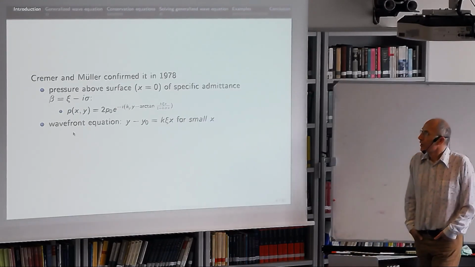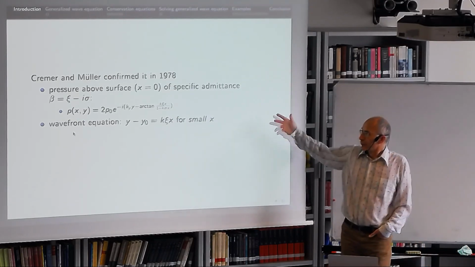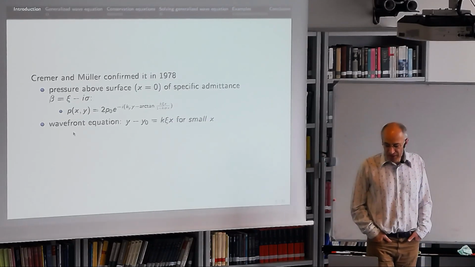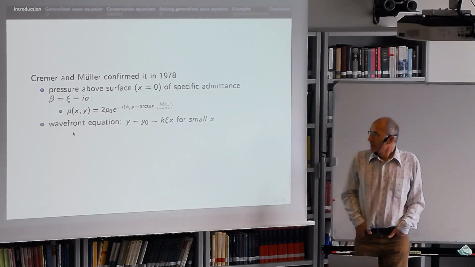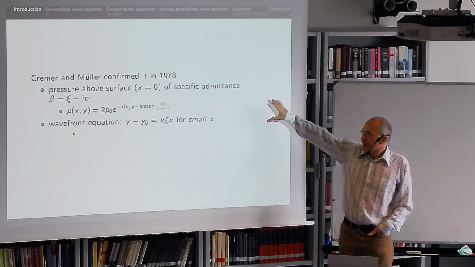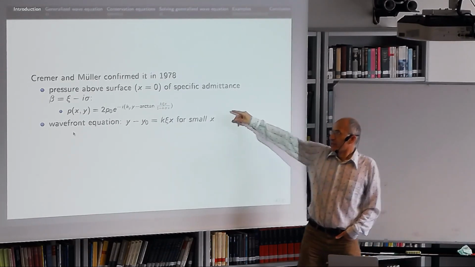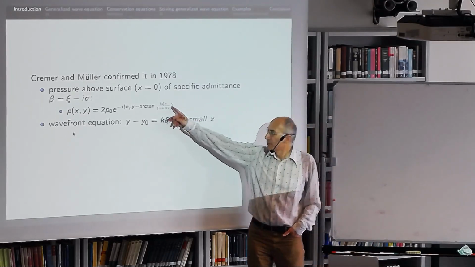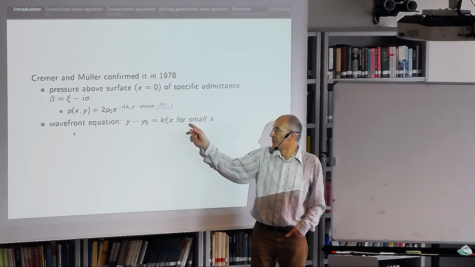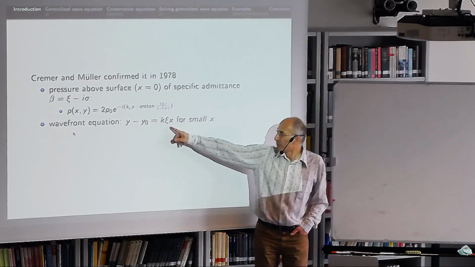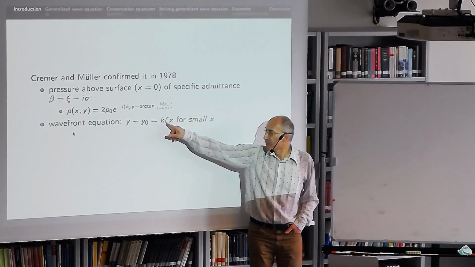Kremer and Müller were able to confirm that. They used the general reflection formalism, what happens above a surface of a specific admittance beta, and then, by adding the incident and the reflected wave, and doing the development, they were able to get this equation, which shows that the wavefront equation will be given by a term proportional to x and proportional to psi.